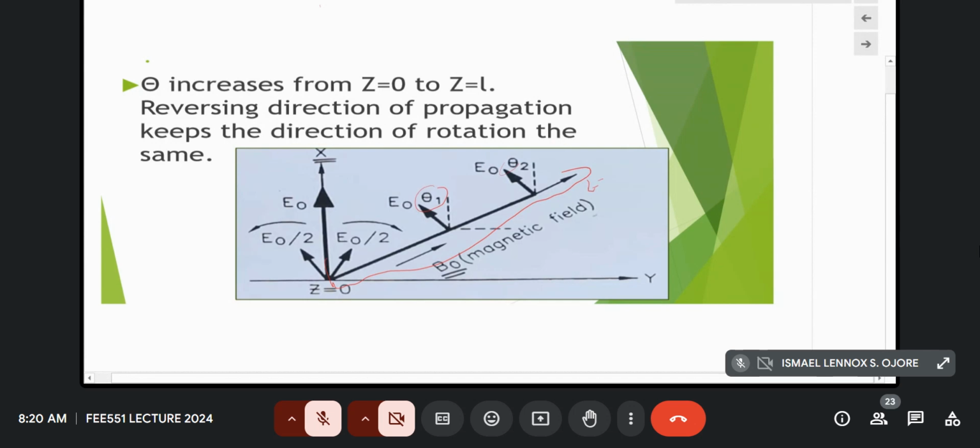Then you will notice that when the direction of wave propagation is reversed, the rotation continues in the same direction, so the angle keeps increasing, maybe from theta 3 to theta 4, until you return to z equals 0, where the angle of rotation will be 2 theta. This principle will be used in our gyrator.